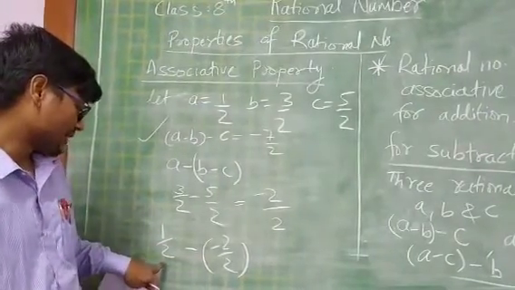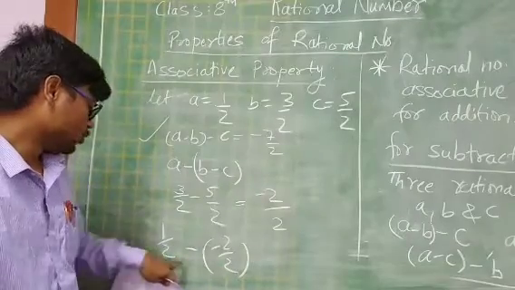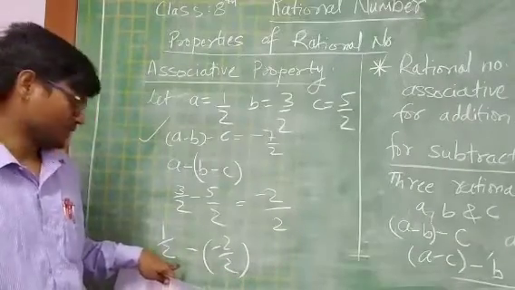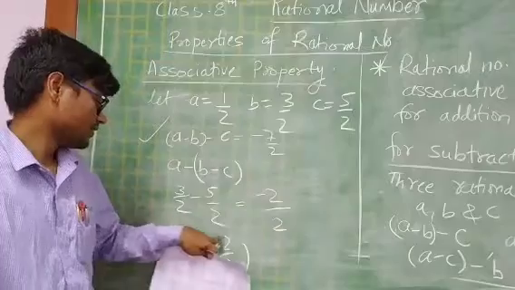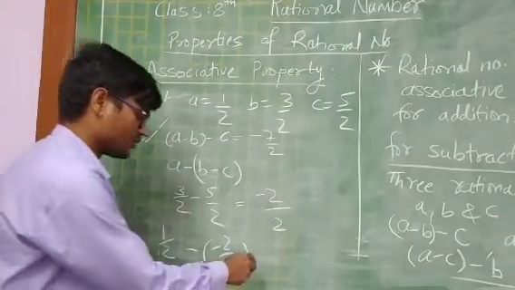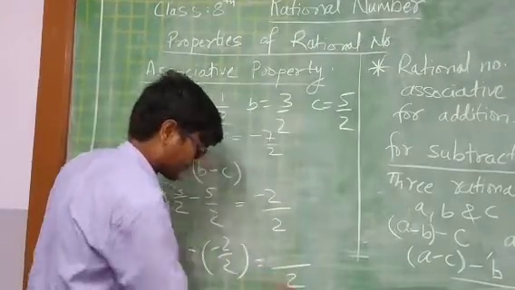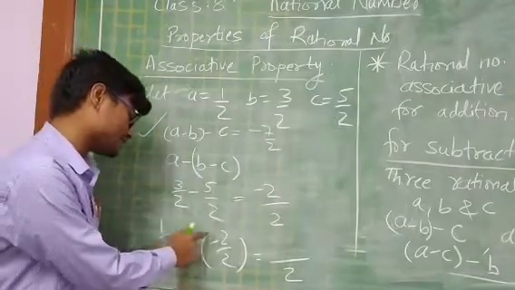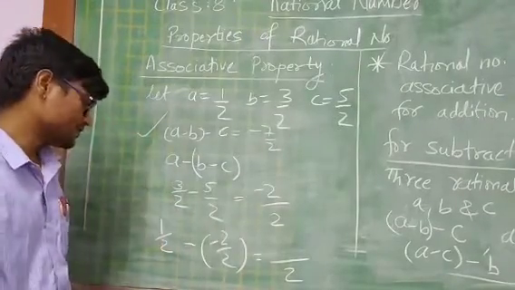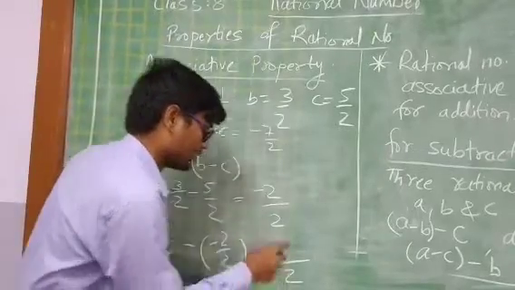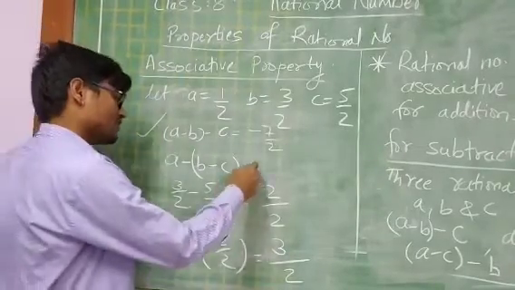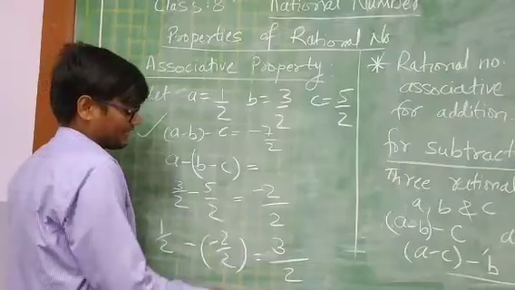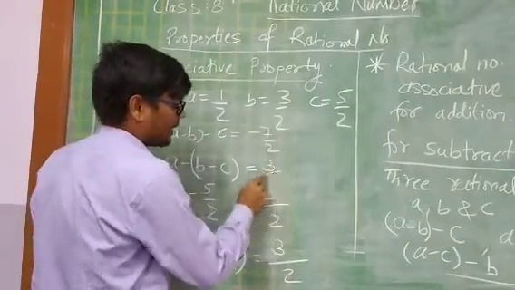So when we subtract, here the denominators are same. Therefore we will subtract only the numerators and we will keep the denominator as it is. There will not be any change in the denominator. So 1 minus minus 2 becomes 3. So we see that the result for the second expression is 3 by 2.